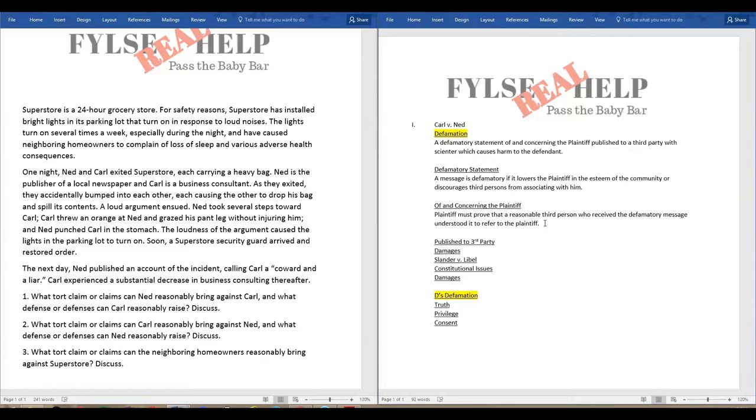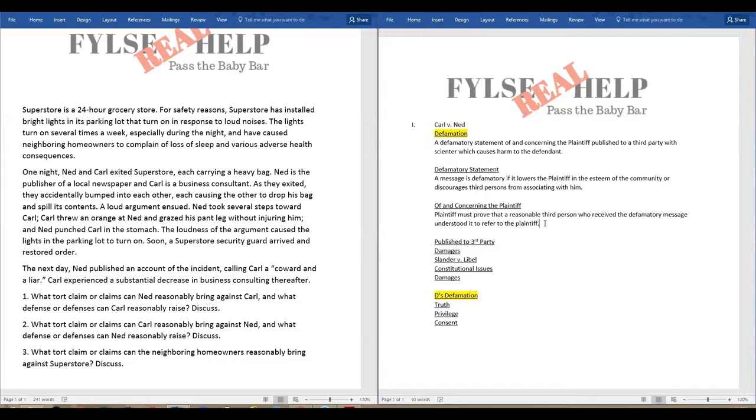So in our fact pattern, we're told that Ned published an account of the incident calling Carl a coward and a liar. Well, being called a liar is definitely a defamatory statement, right? It lowers your esteem in the community. So that is where that discussion is.